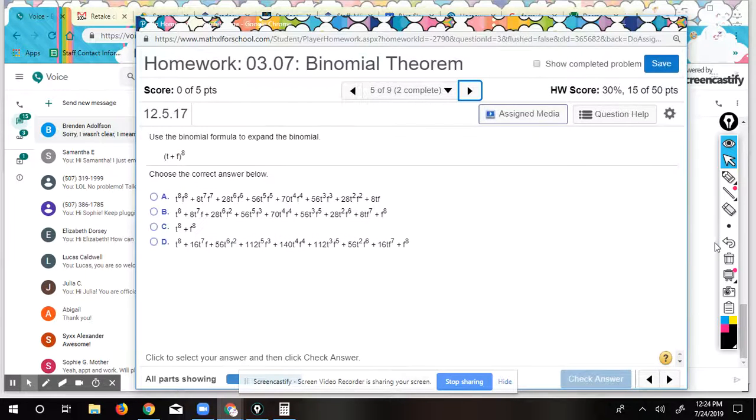Next one. Okay, so we want to use the formula. So we're just looking for which one follows the pattern. Now we need the 8th row of Pascal's triangle. Okay, so it's going to have some pretty funky coefficients there. So you could write it out.